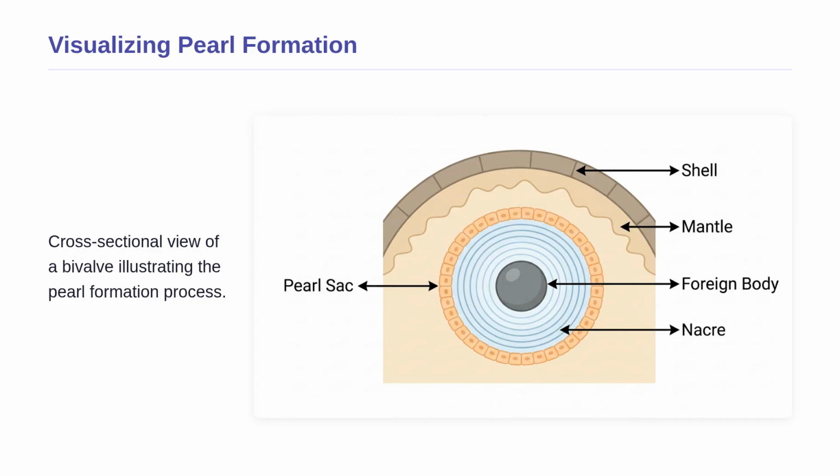That is our foreign body or irritant. Look closely at how the mantle tissue has completely wrapped around it to form the pearl sac, indicated by the cellular boundary. Finally, you can see the concentric rings labeled nacre, building up layer upon layer around the core. This diagram perfectly captures the biological defense mechanism in action.